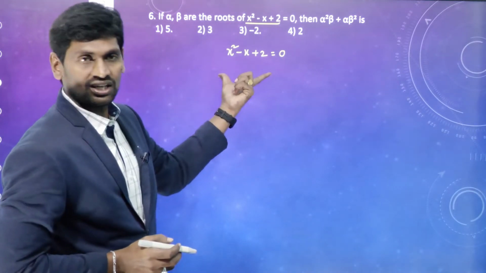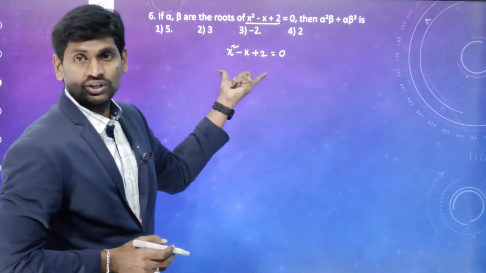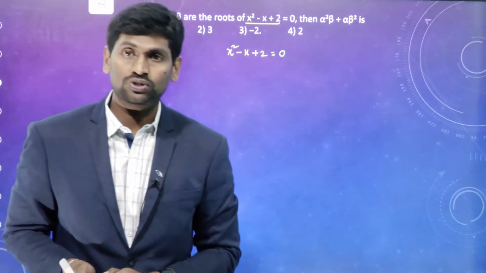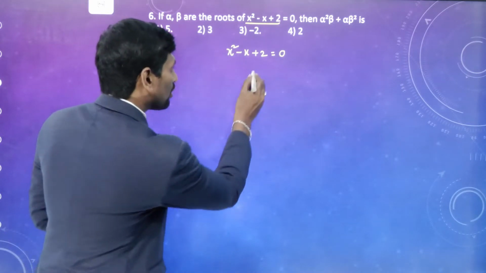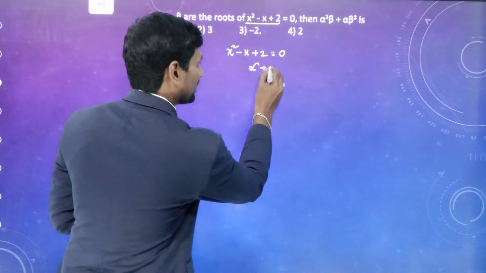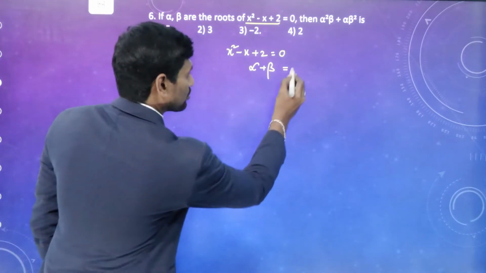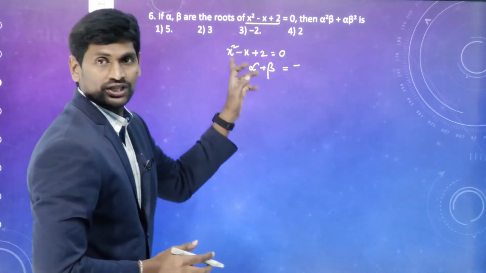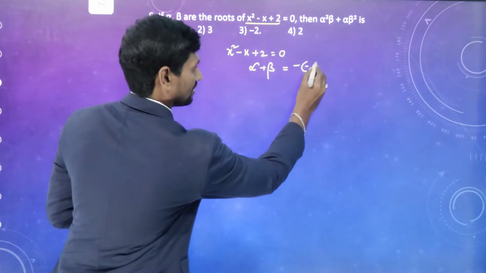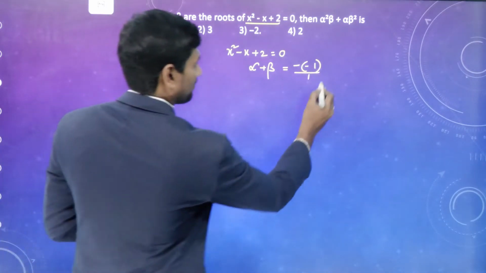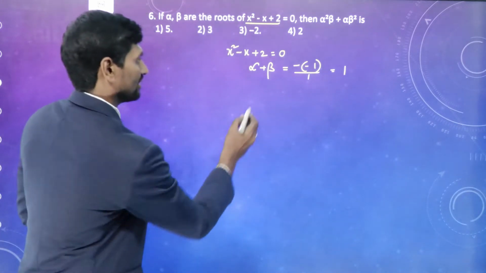If you have the given quadratic equation, you already know how to find the sum of roots and product of roots. What is the sum of roots formula? Alpha plus beta, sum of roots is minus b by a. So minus b value is minus 1, a value is also 1, so minus b by a value is 1.